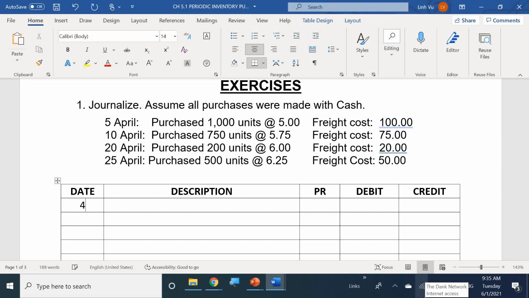The date, April 5, and then we have a purchase expense. Good. Purchase expense for $5,000, and then a freight expense of $100.